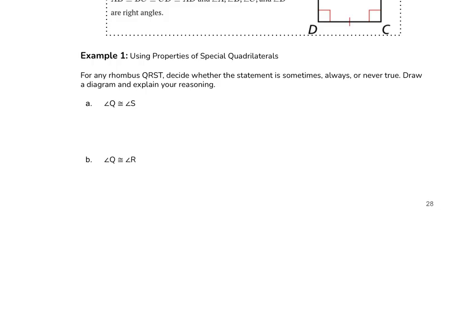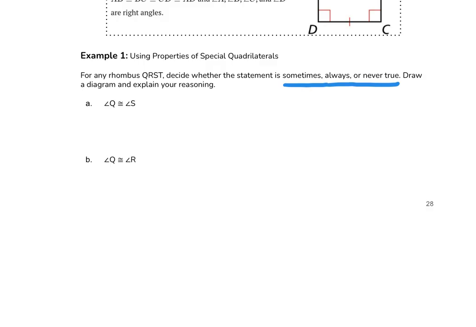Okay, these problems here I think are a little bit tricky. It says, is this always, sometimes, or never true? Always means it's true 100% of the time. Never true means it'll never happen. Sometimes means it could be, but not always, right? Somewhere in between. Angle Q is congruent to angle S, okay?